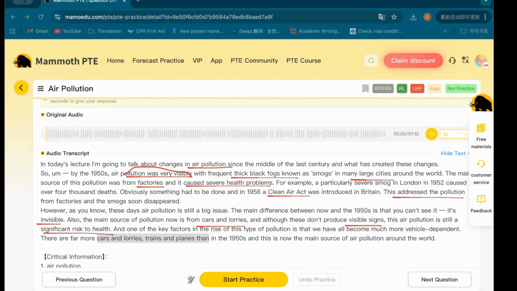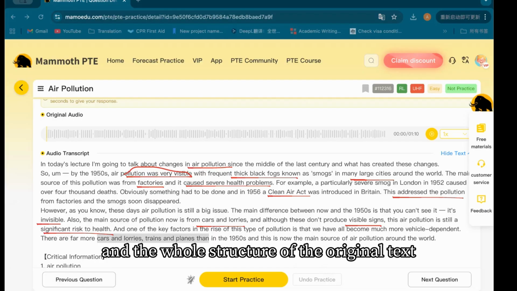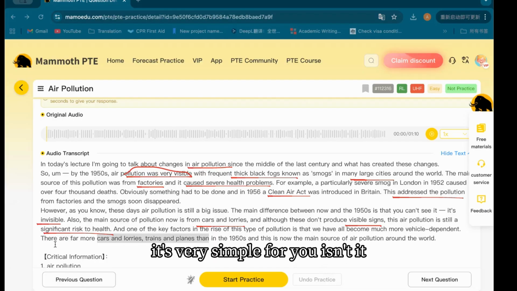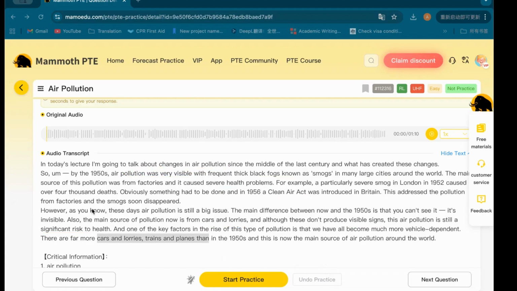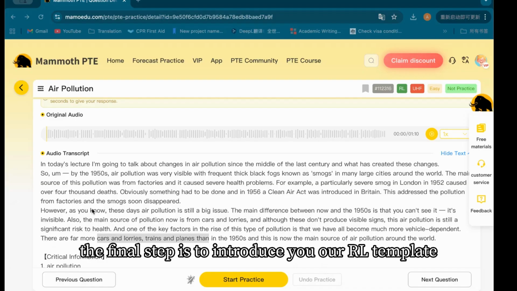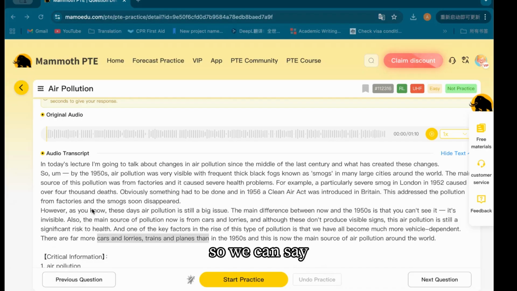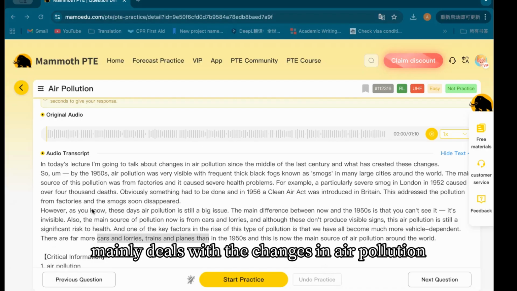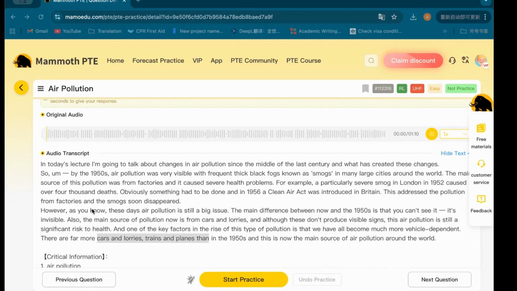Okay. If you already know the logic and the whole structure of the original text, it's very simple for you, isn't it? Okay. Once you already have these keywords, the final step is to introduce to you our RL template. So we can say the lecture mainly deals with the changes in air pollution.